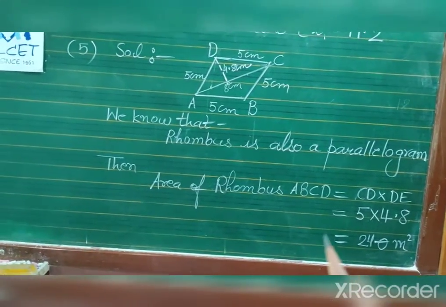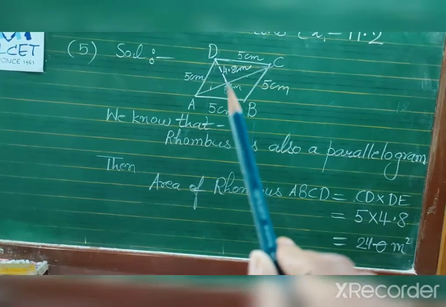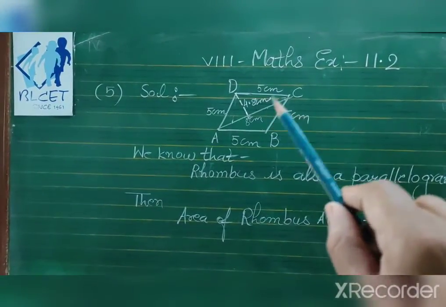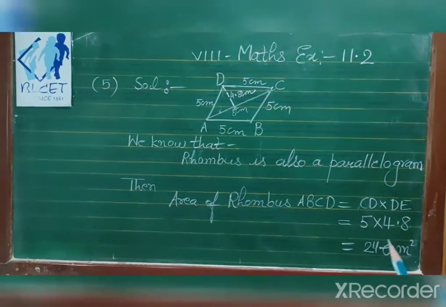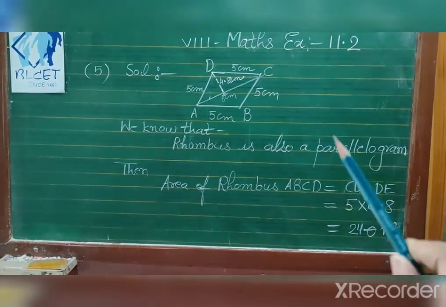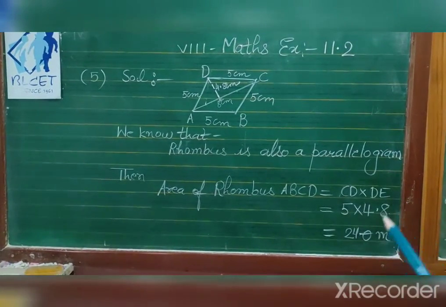So then area of rhombus is equal to base into height. So for base CD, all sides are equal and height will be 4.8 centimeter. So when you multiply, you will get 24 centimeter square. I have written meter square here by mistake, but you will write centimeter square.